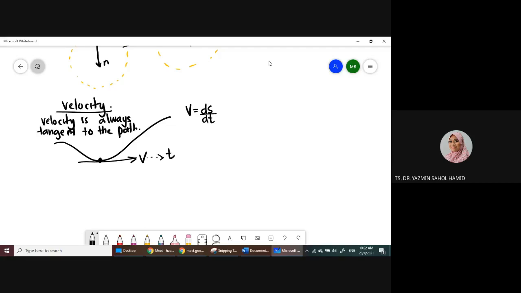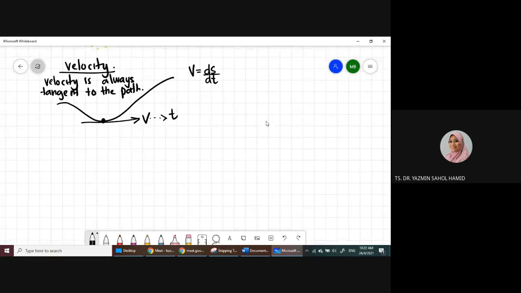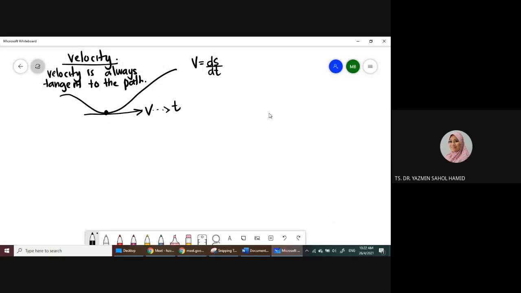Now we need to write for the acceleration. For the acceleration, there will be two types of acceleration that you will need to consider.